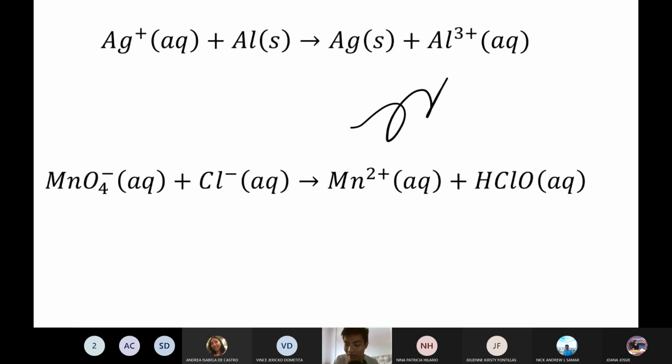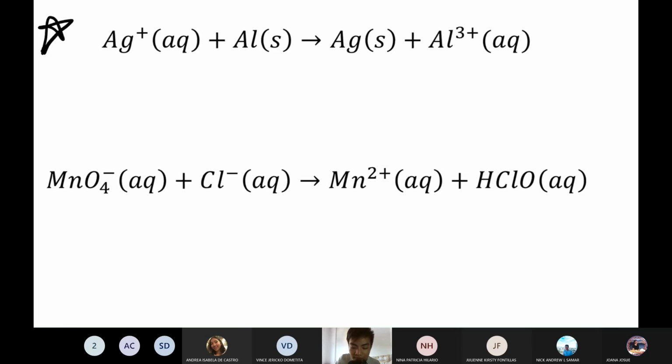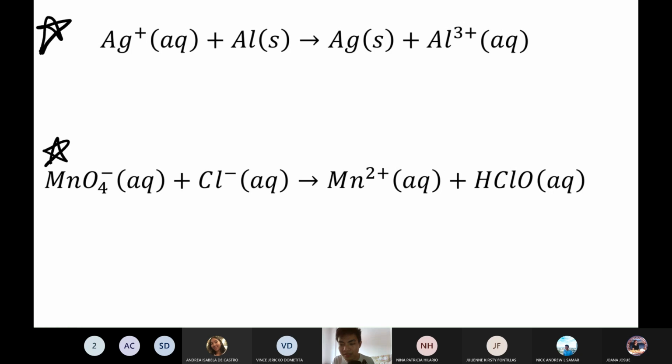Ayan. So I want you to identify sino ang oxidation, sino ang reduction. Okay? So do this first. Gusto ko malaman sino yung oxidized, sino yung reduced, no? Ayan. And same thing as this one. So I'll give you a few minutes, no? Few minutes lang. Okay? Kasi yung iba, onti lang sasagutan. Ito lang sagutan.